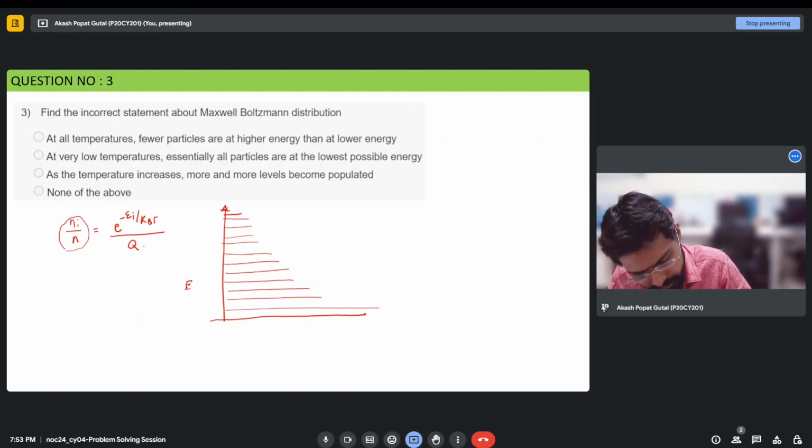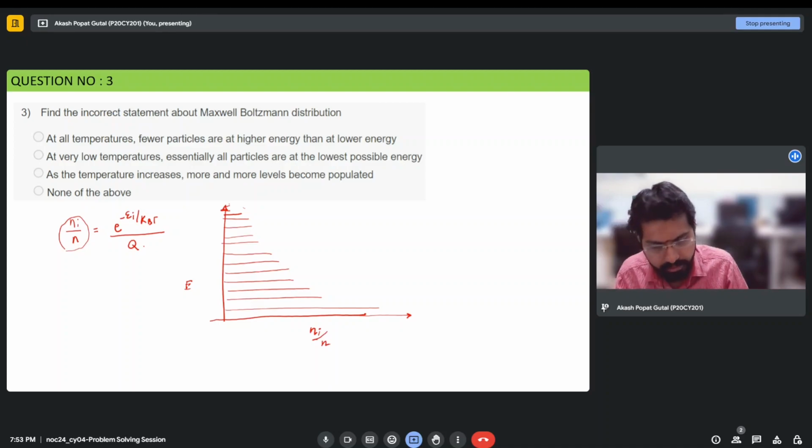Your distribution will be the number of particles at level i, or simply the fraction.